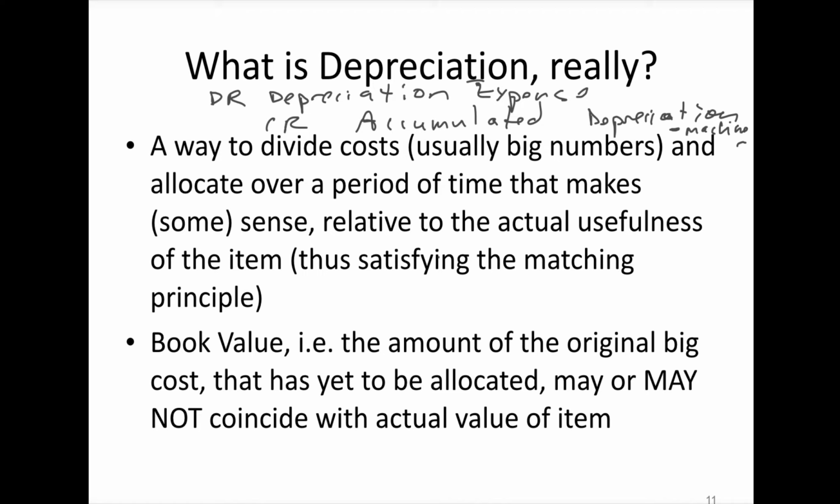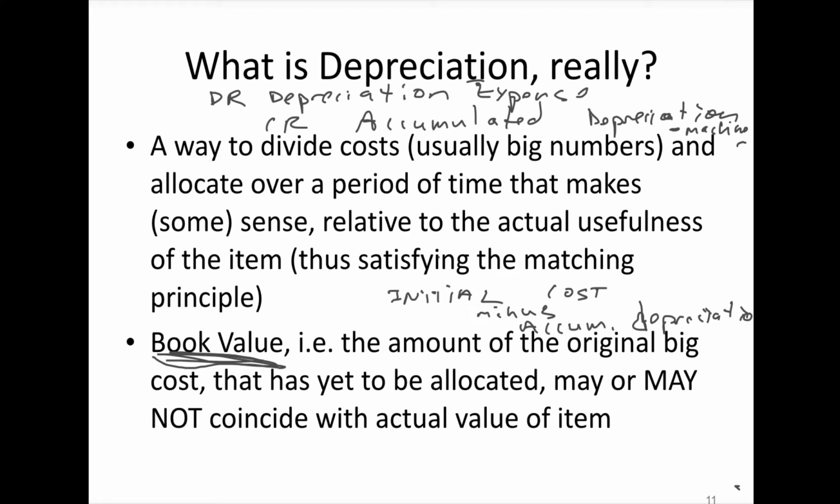But when you see the word book value, okay, all that means is initial cost. Remember all those bubbles that went into the asset class, the fees, the delivery, all of that stuff that went into the initial cost, minus accumulated depreciation.